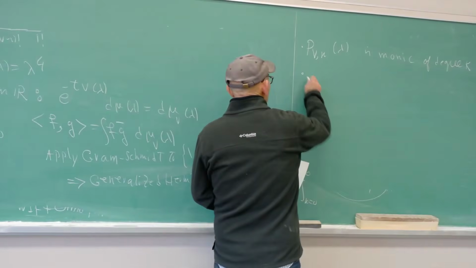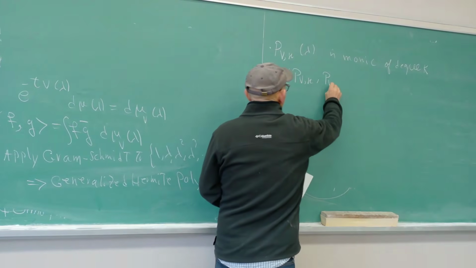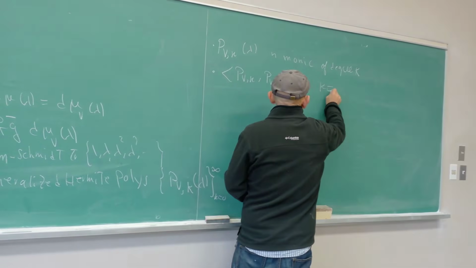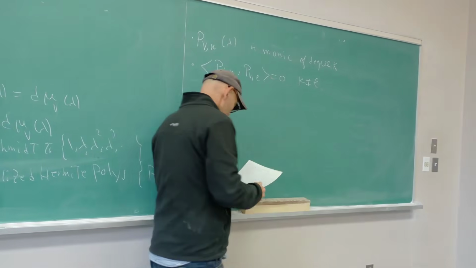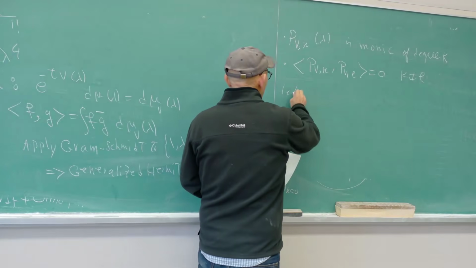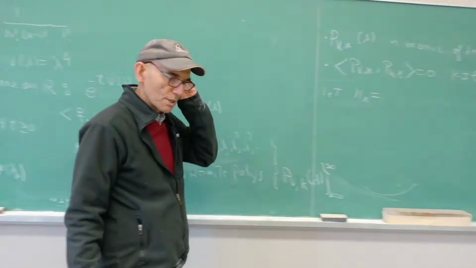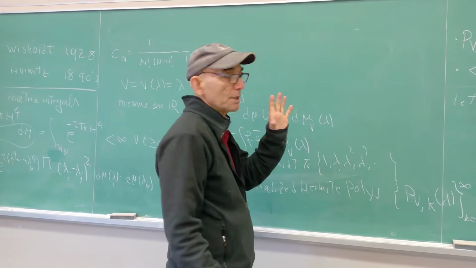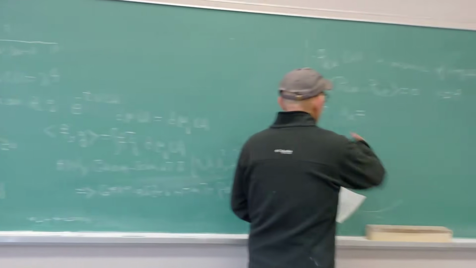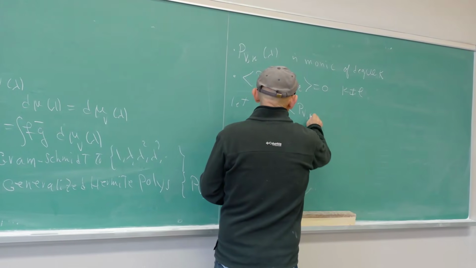And the second condition, of course, is that they are orthogonal: the inner product of k and l is equal to 0. Again, the important thing now is to know the norm squared of each vector. So we call this h_k, the inner product of k with itself.